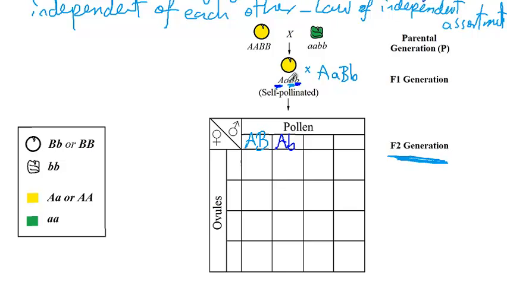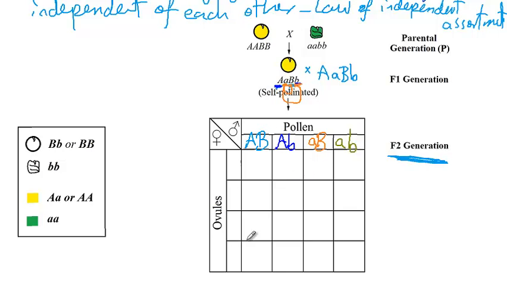Now let's move on to the next gene. Here is the lowercase a. The first combination is lowercase a going with the very first one, capital B, so aB. And then the second combination is again lowercase a going with the second genotype, which is lowercase b, so lowercase a, lowercase b.